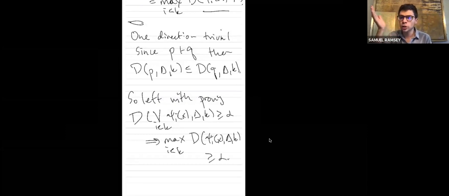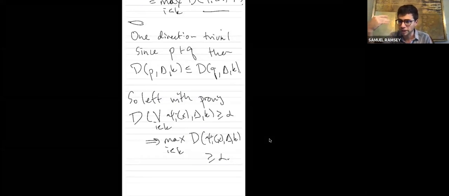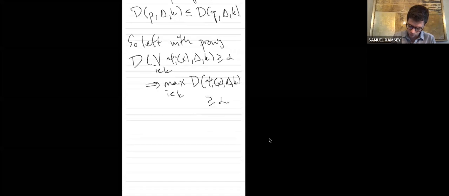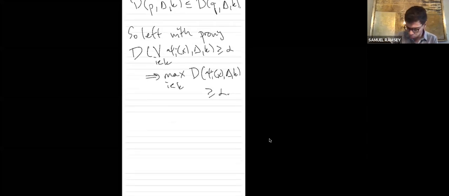So in general, when you prove inequalities involving the dimension, you prove something of this form. By induction, you prove that if the thing on the bottom side of the inequality is at least alpha, then the thing on the top side of the inequality is at least alpha. Now, how do we do that? Well, for alpha equals 0, this is clear.